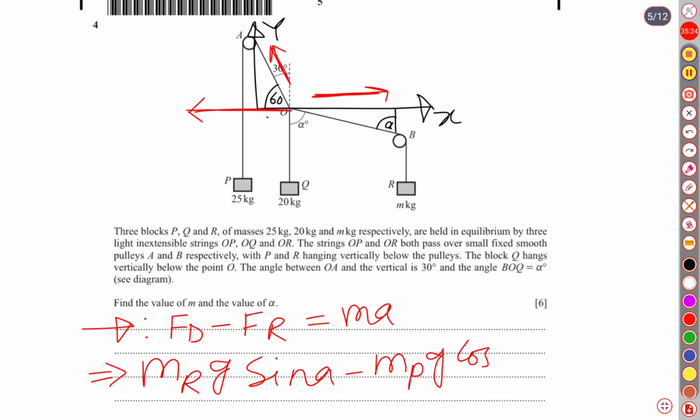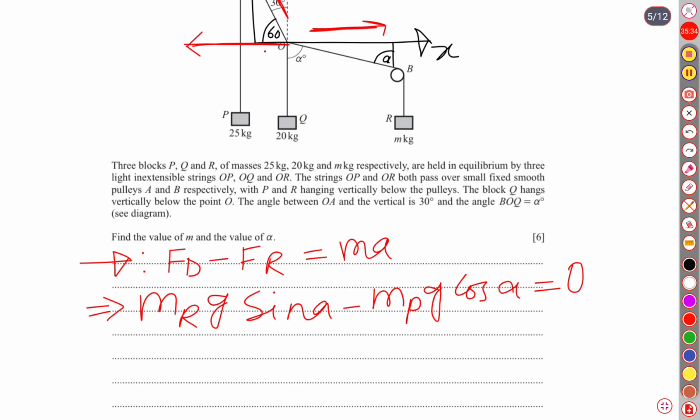Cos alpha is equal to, as the system is in equilibrium, 0. The resultant force is 0. After that, we will have to apply the values. The mass of particle R is m, and acceleration due to gravity is 10, so it is 10m.